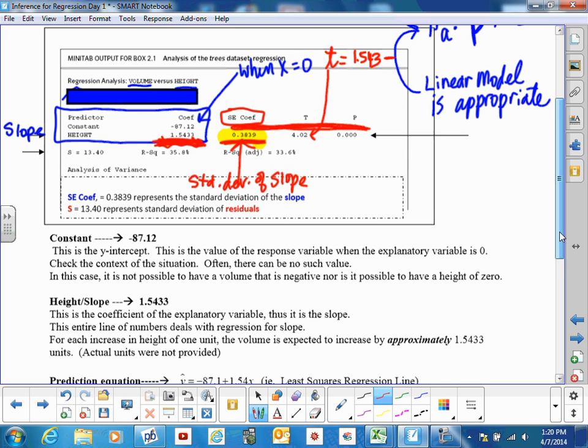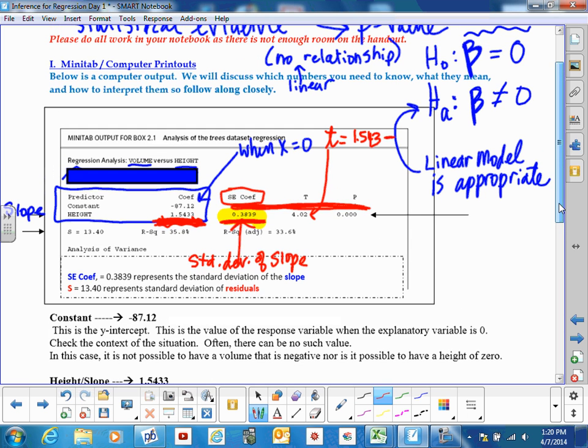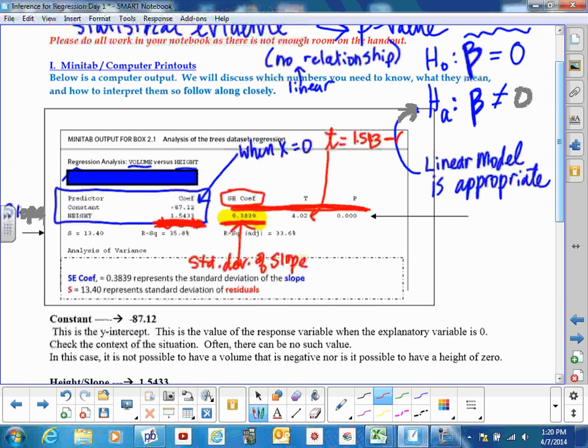What's the hypothesized slope? 0, right here. Hypothesized slope, meaning no relationship, over, what do we put on the bottom of those things? Standard deviation. And what standard deviation am I going to put? Boom, this 0.3839.